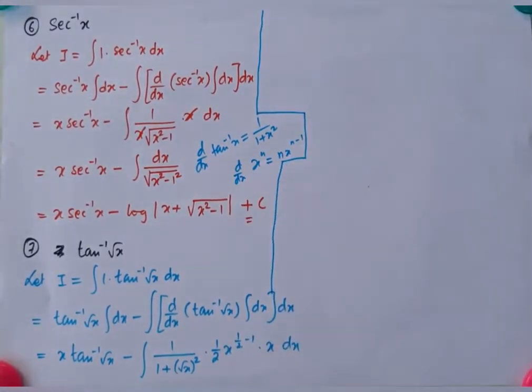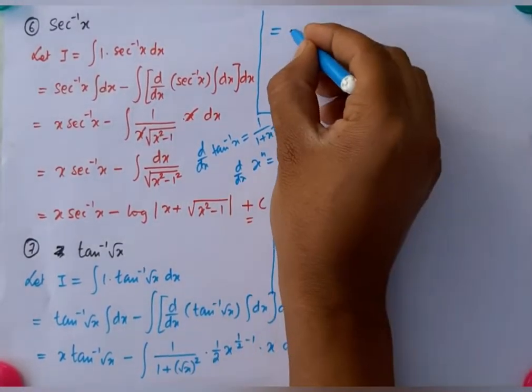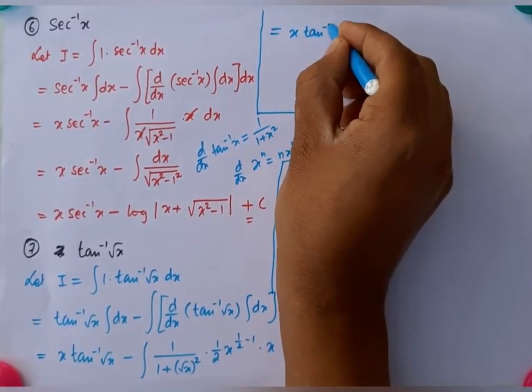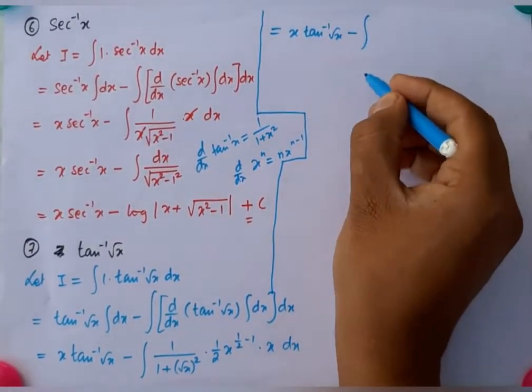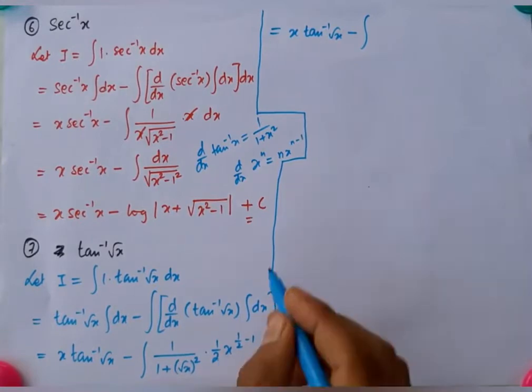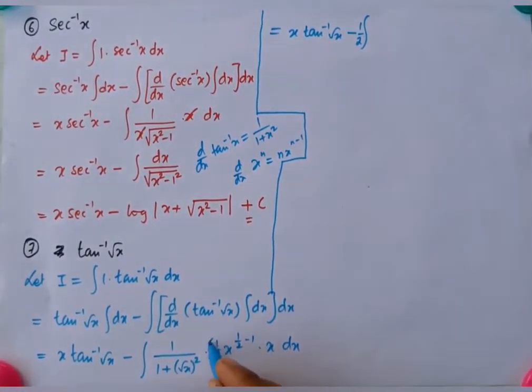Fine. Now this is equal to, we have x tan inverse root x minus, so be careful here. This half can be kept outside, isn't it? So let me keep this half outside. So this is x to the power minus half, and what is this?